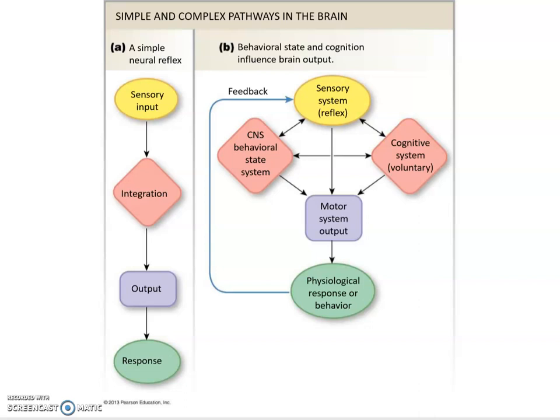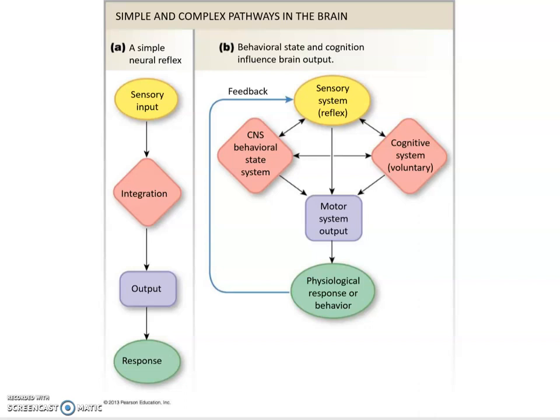A more complex kind of pathway would involve a sensory system reporting information. You may have a motor output right away, so that would be more of a reflex kind of situation. But once you send the information up to the central nervous system for evaluation, then you may have alterations in behavioral states. You may have the cognitive system involved.